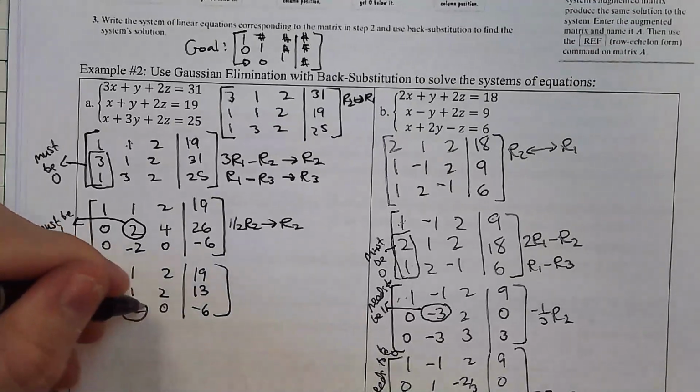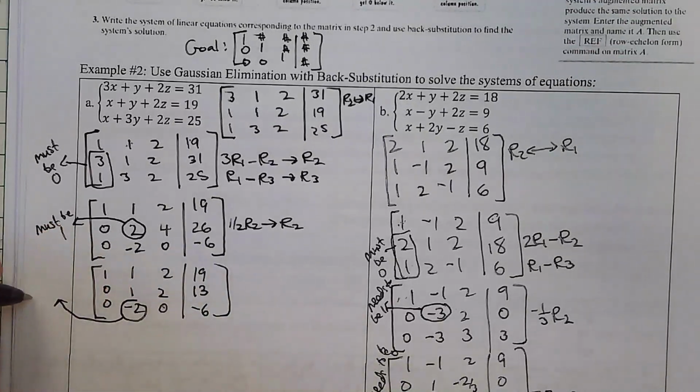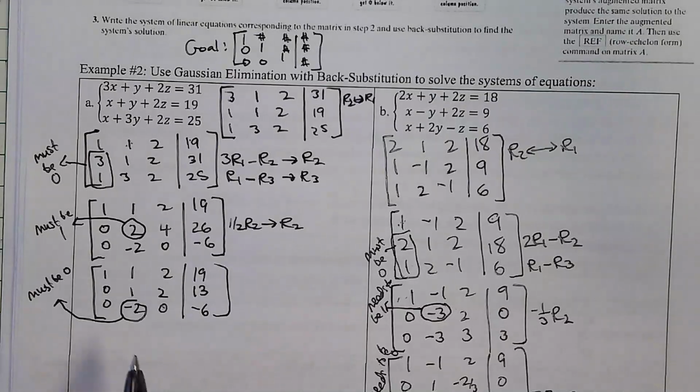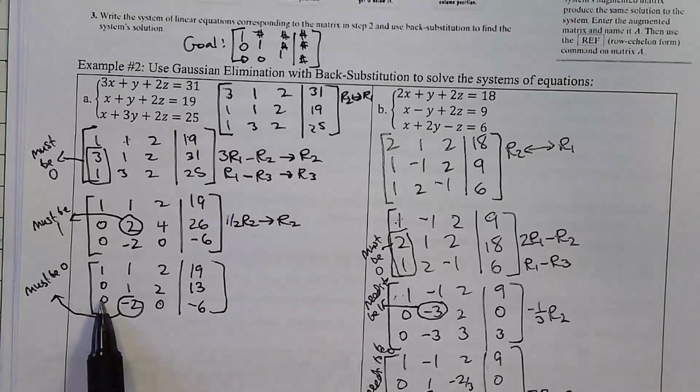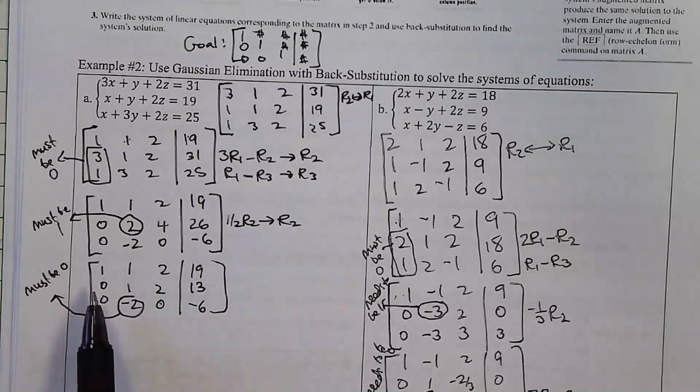Next, you need this to be 0. This must be 0. I don't want to mess with the zeros, but this must be 0. I would work off of row 2.